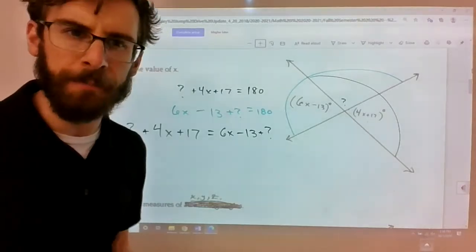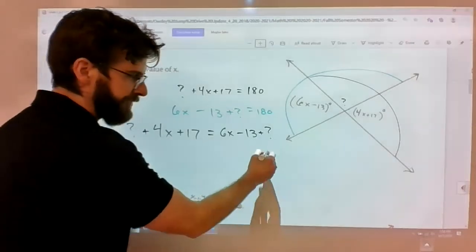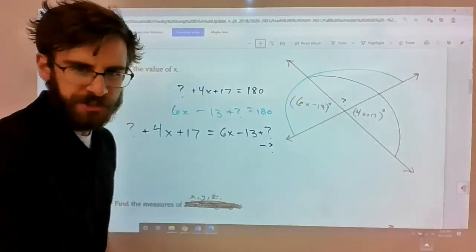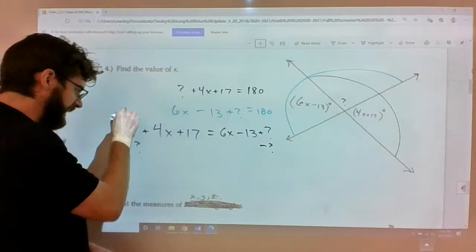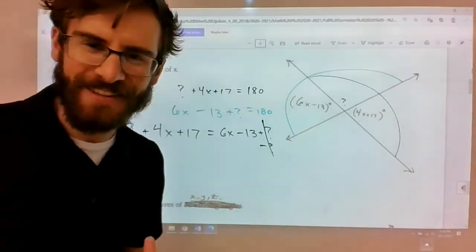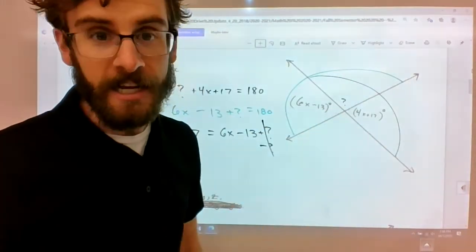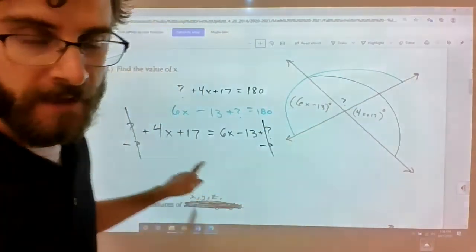Or, I guess not property, but definition. If I wanted to cancel out these question marks, I just subtract the question mark from both sides, and it cancels it. This makes sense. These two look like they're the same angle, because they are the same angle.